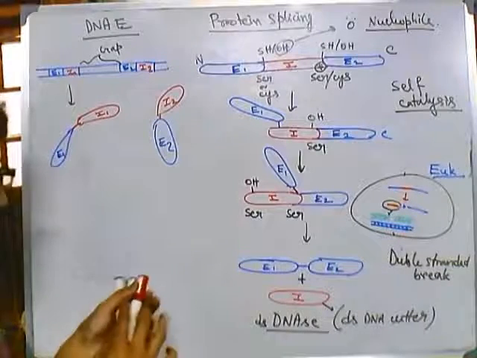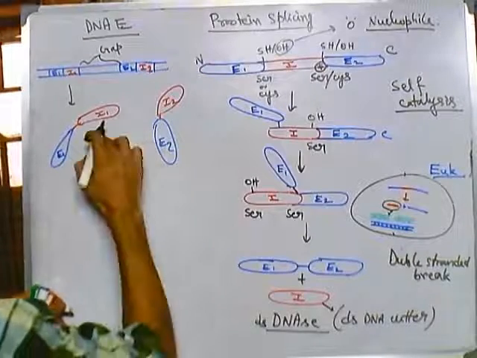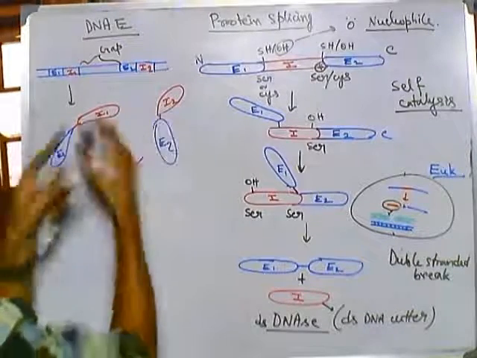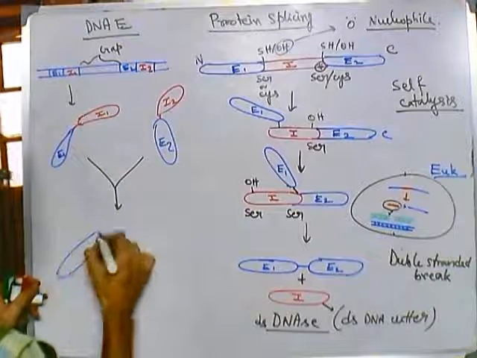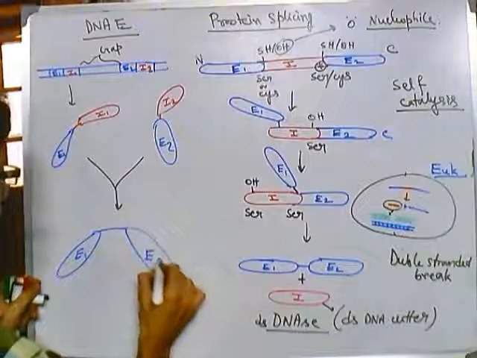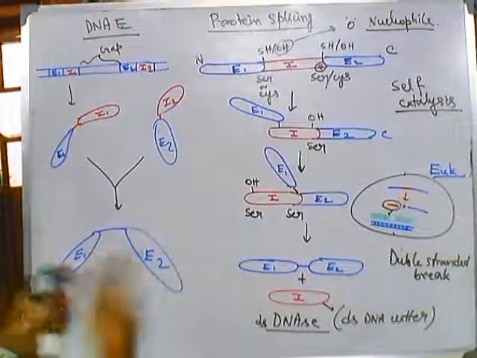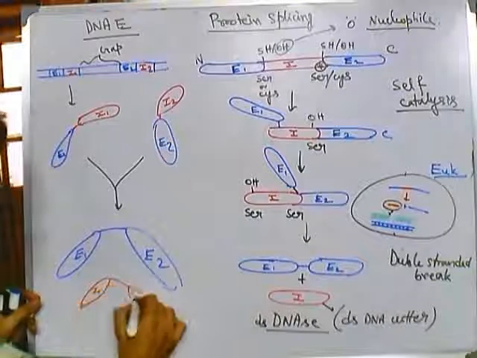Now what will they do? They will recombine and make a crossing. This cross linking will help them to engage extein 1 with extein 2 and intein 1 with intein 2.